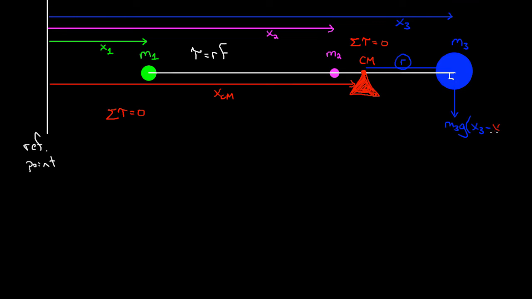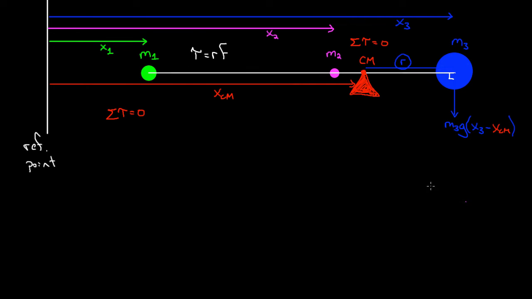So wherever the center of mass is, and we're going to solve for this in a minute. I don't know what that is, but we're going to solve for it, and that'll give us the formula. So this is the torque for M3. And again, the torque's measured from the axis it would pivot about, and that's why we're measuring from there to here, which is just x3 total distance minus the distance from the wall to this pivot, this center of mass point.